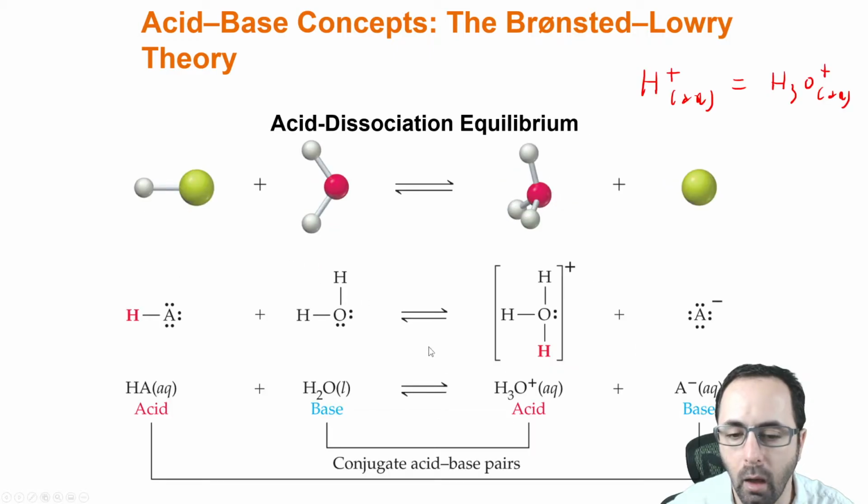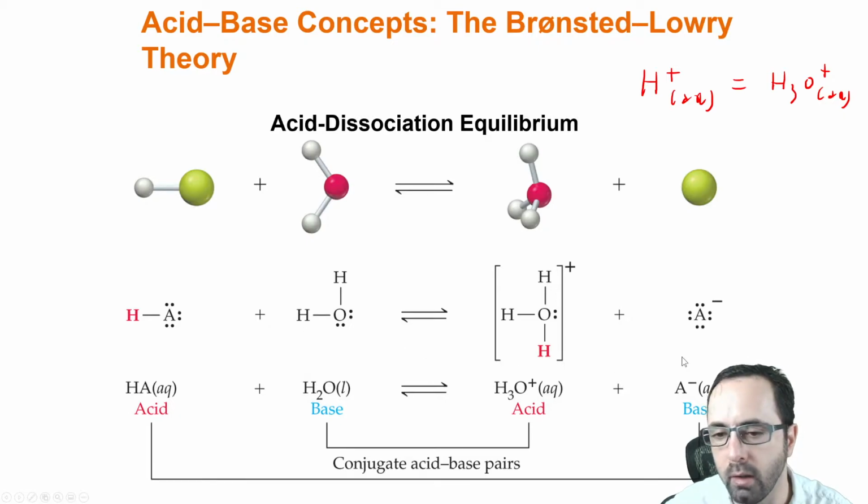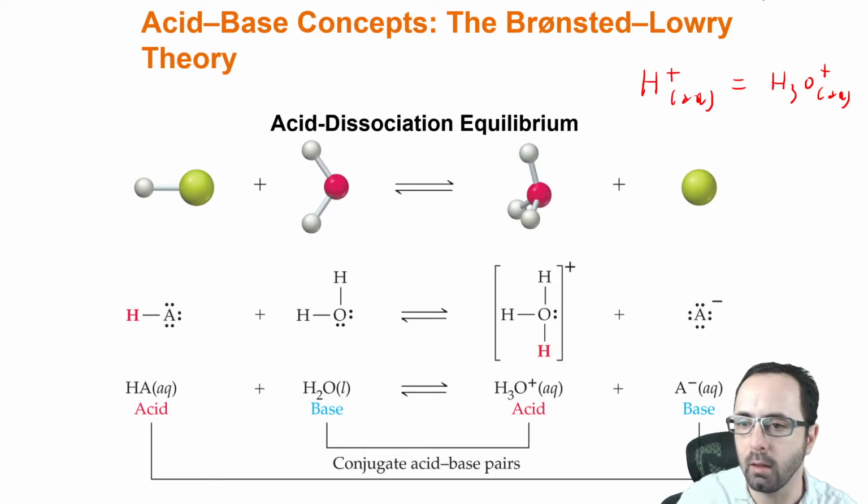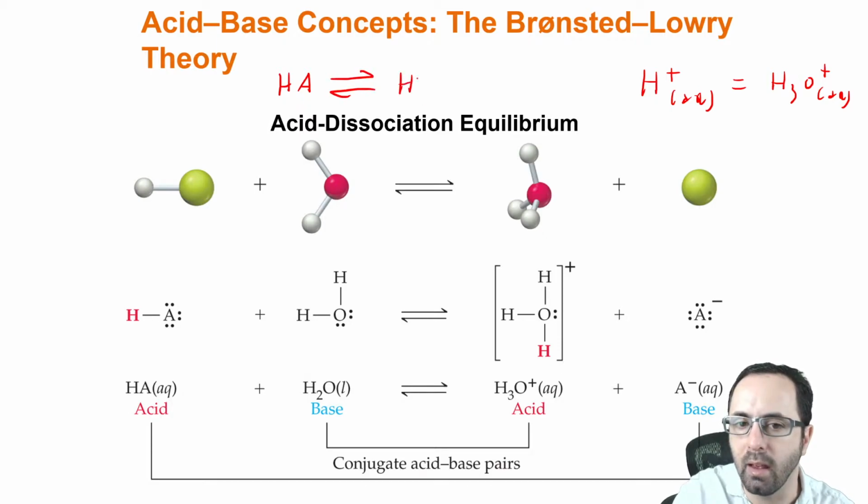And so just to make a comparison here, we can write HA and water, and the water accepts the proton. But equivalently, just like we're showing here for acids, we have another option. We can say HA, and we could say H plus and A minus, and these are all aqueous.